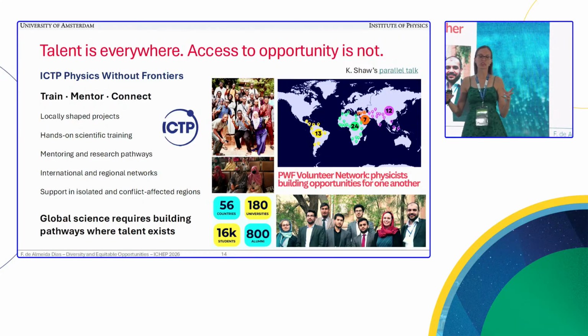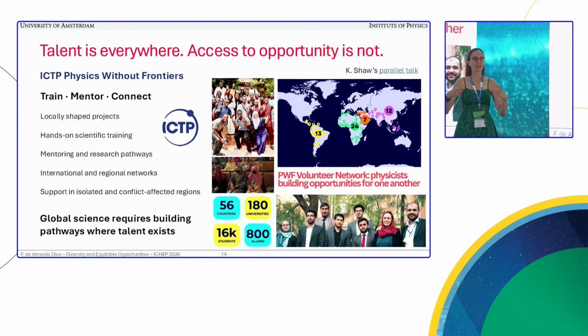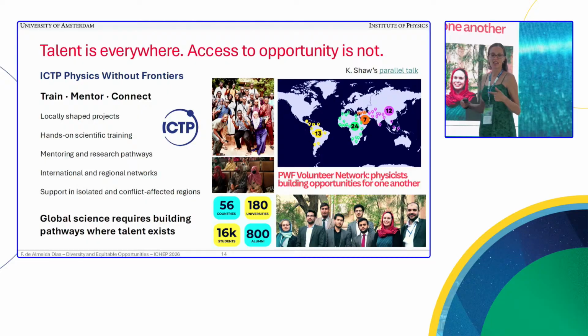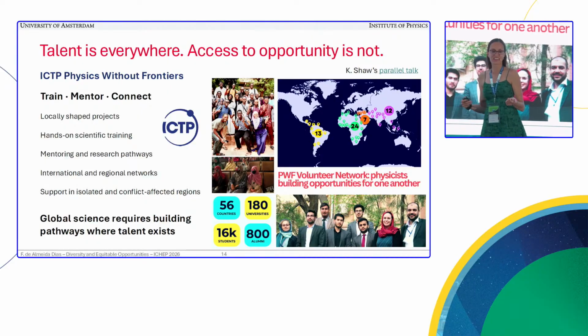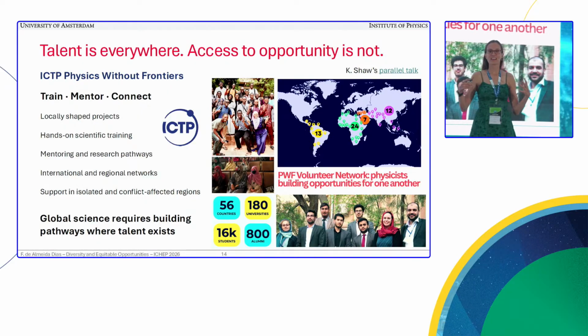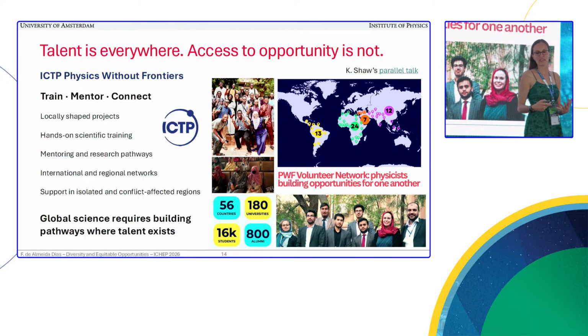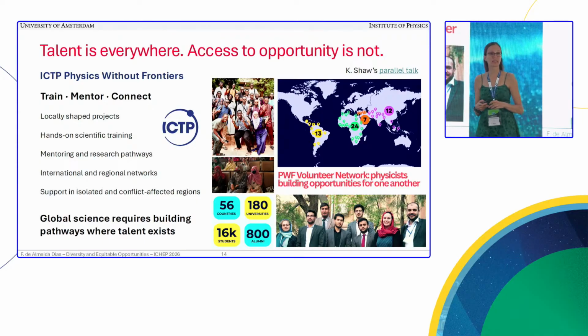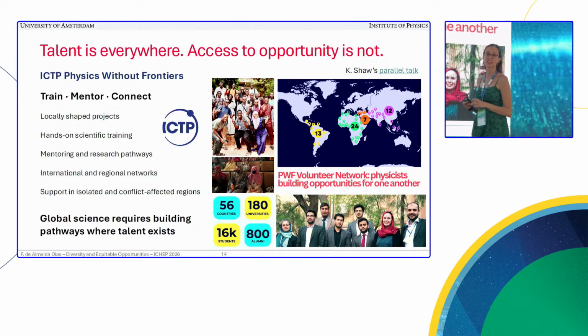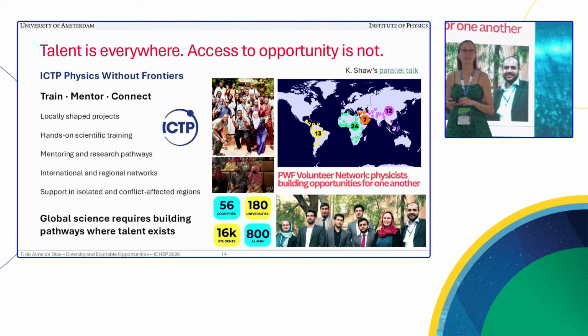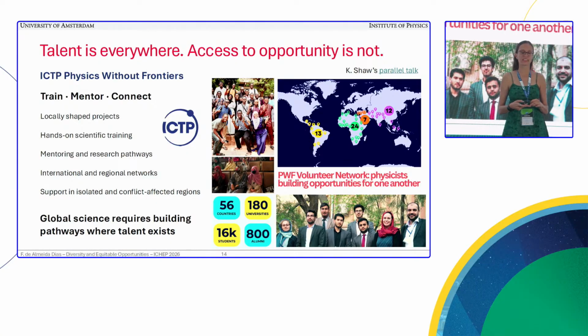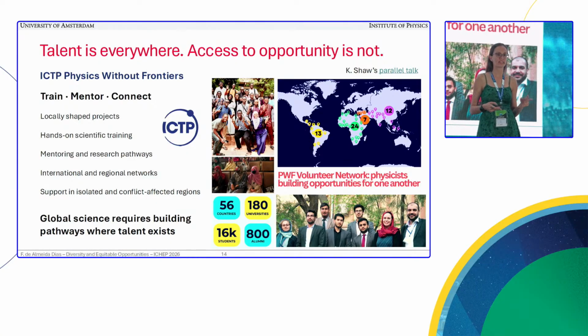And then you have those locally shaped projects with hands-on scientific training, mentoring, and research pathways. The idea is that we can get these people integrated with our scientific community. This program is huge. It's now present in 56 countries and 180 universities, and it has had more than 16,000 students who have attended some of this.